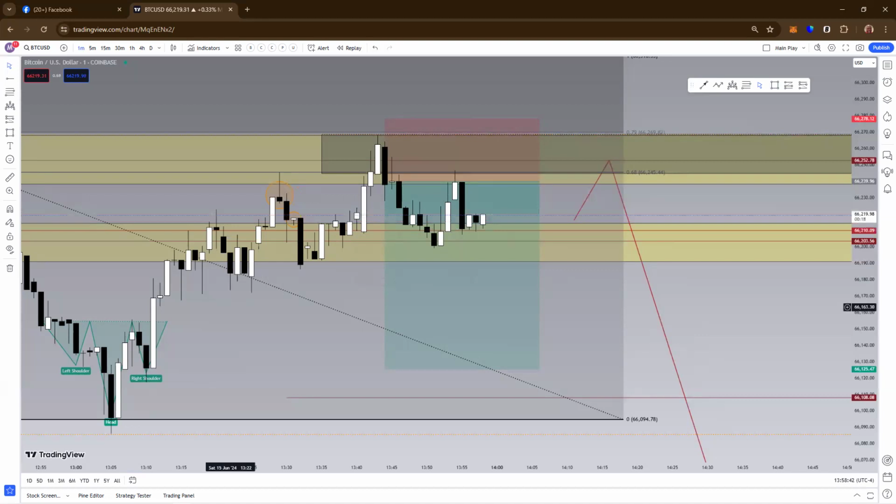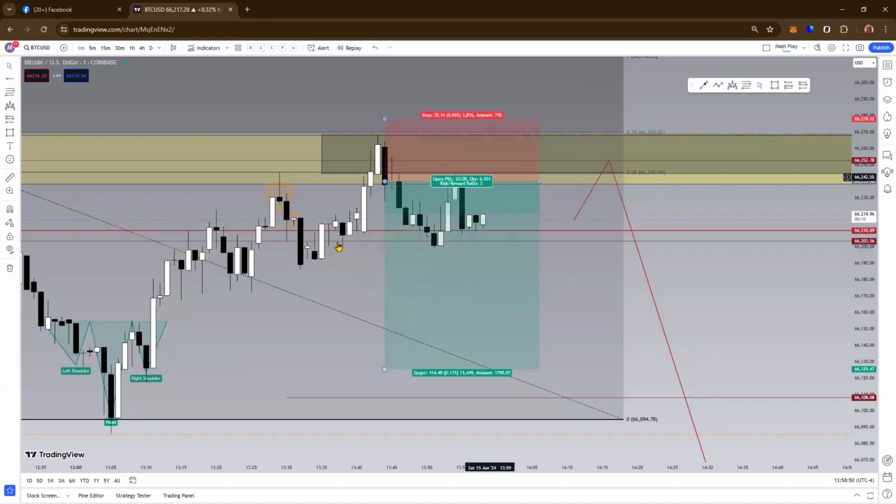Let me show you something on the left side here. Okay, you see how the candles went up here? This was a higher high right here. It's higher than this high.